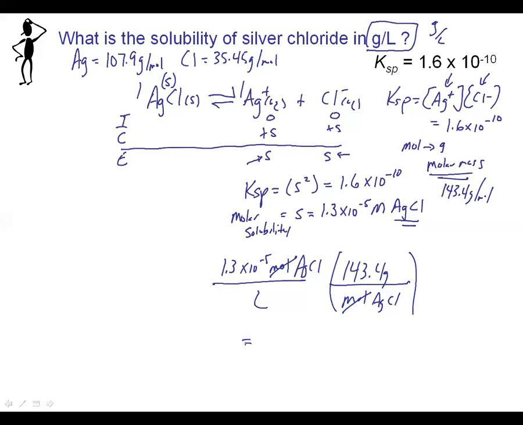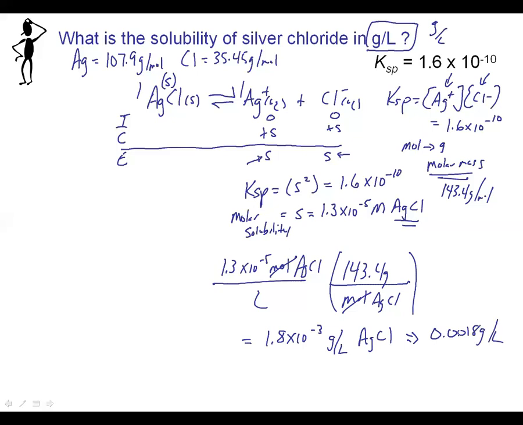And if we do that, we get something like 1.8 times 10 to the minus 3 grams per liter of silver chloride is soluble in water. And just to put that into a decimal, that's 0.0018 grams per liter.